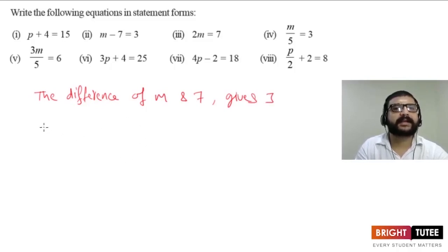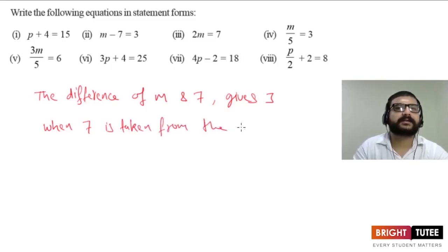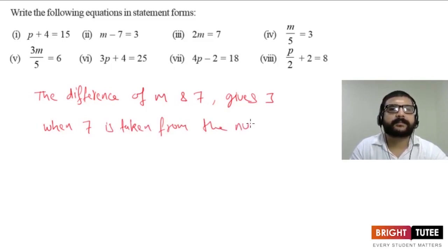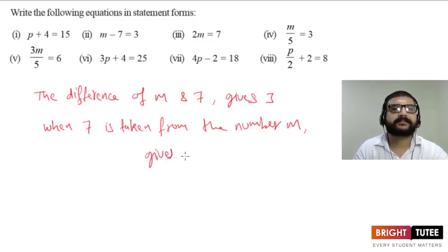Or we can write, when 7 is taken from the number m, this gives 3. So here also we have written two statements for the equation m minus 7 is equal to 3. Now let's see the next equation.